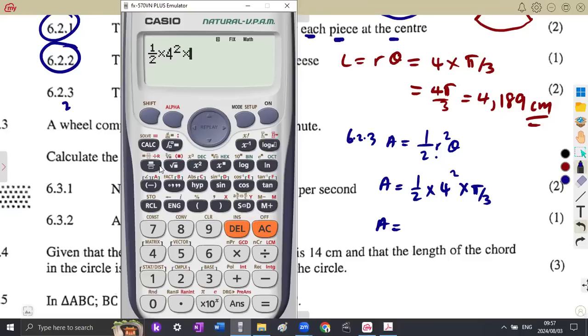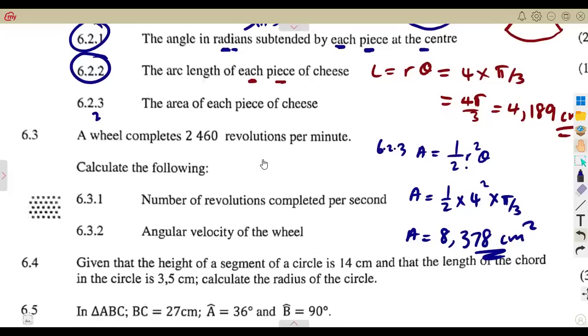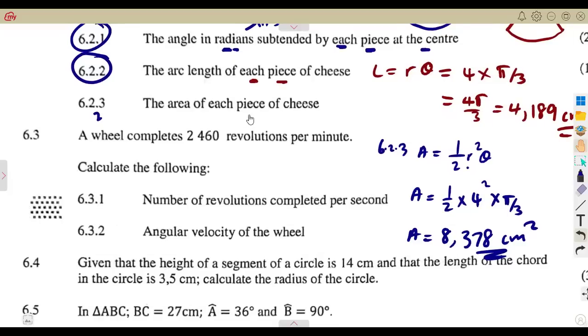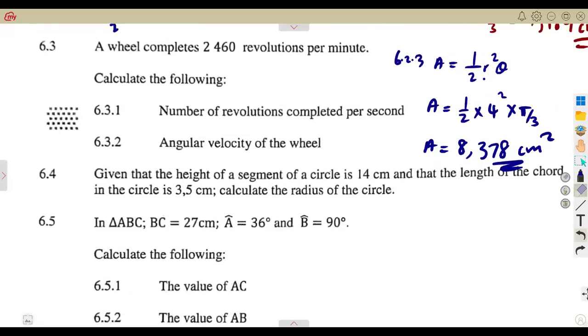That gives us 8 over 3 pi, or 8.378 square centimeters. We are referring to the area of each piece, not the whole cheese, but each on its own. All right, so these were our questions.